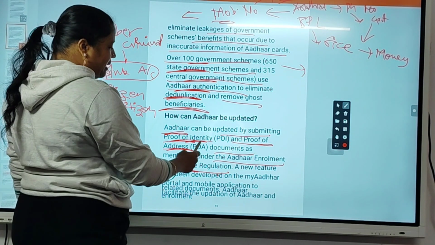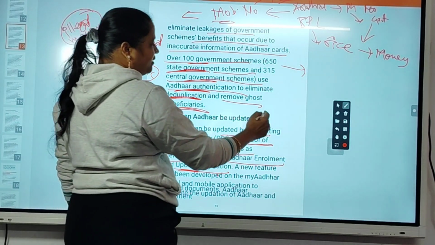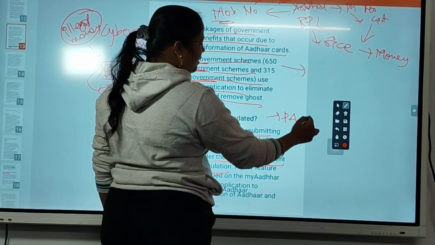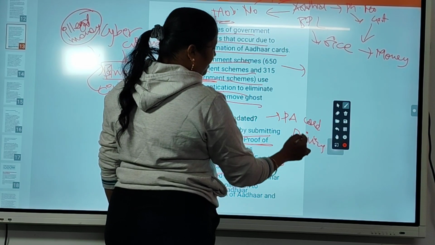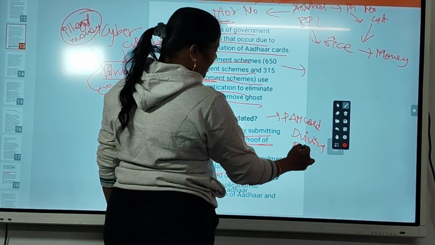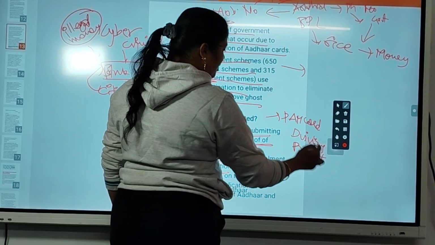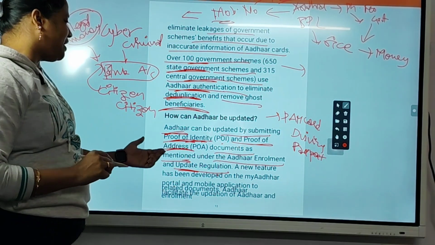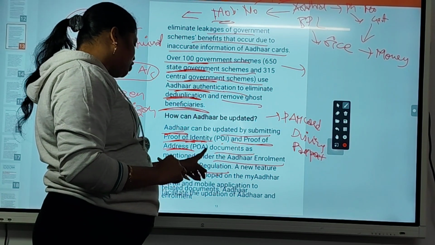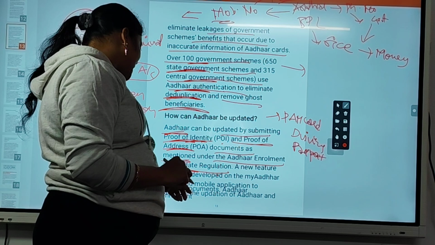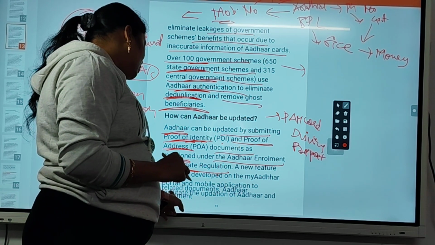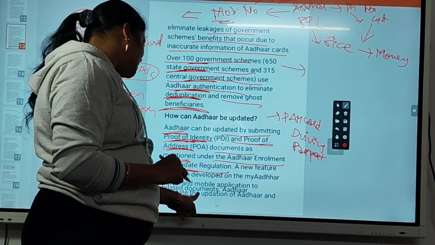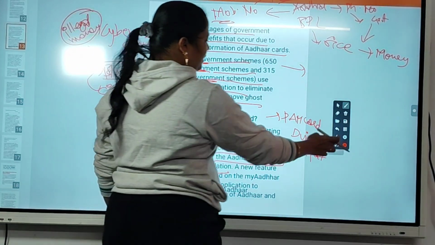Proof of identity means PAN card, driving license, passport, etc. Other identity information must be used while updating your KYC. And for proof of address documents, a new feature has been developed on the My Aadhaar portal and mobile application to upload the related documents.